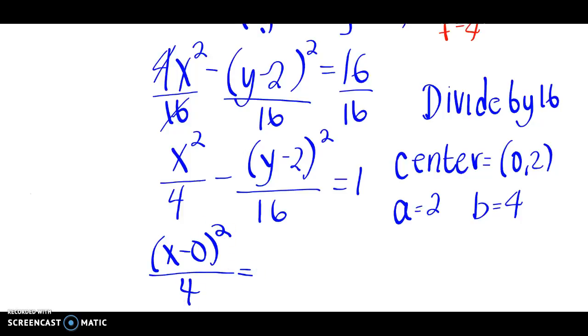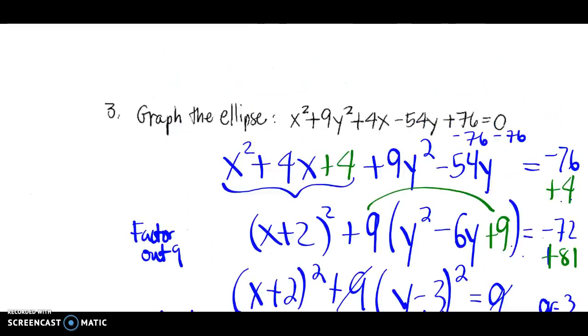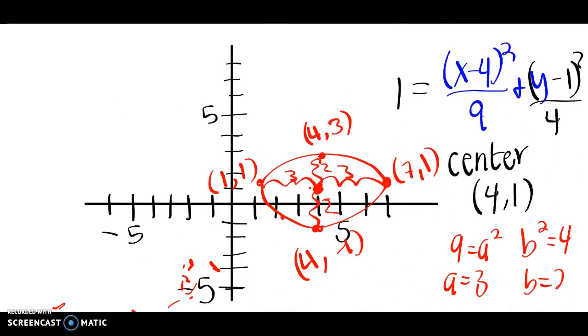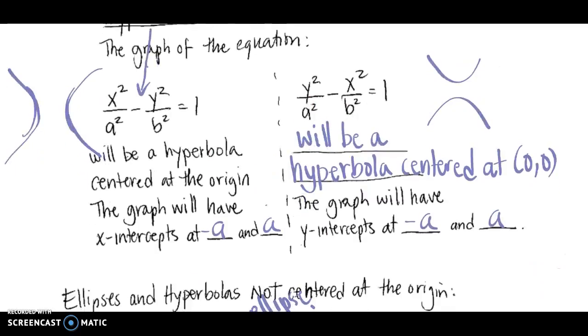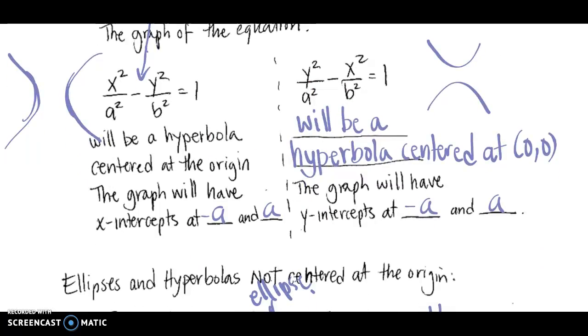You remember not long ago, we were looking at hyperbolas centered at 0, 0. A hyperbola centered at 0, 0 would just be x squared and y squared, no minus anything. So if it's just x squared and no minus an h value, then it's 0.